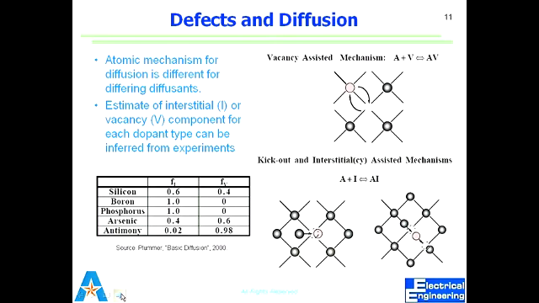In vacancy assisted, they will find an empty space and just fill it up. In interstitial, it has to kick out something and find its place there. For different diffusants, there is a different figure of merit for how much of each would be vacancy assisted or interstitial diffusion.